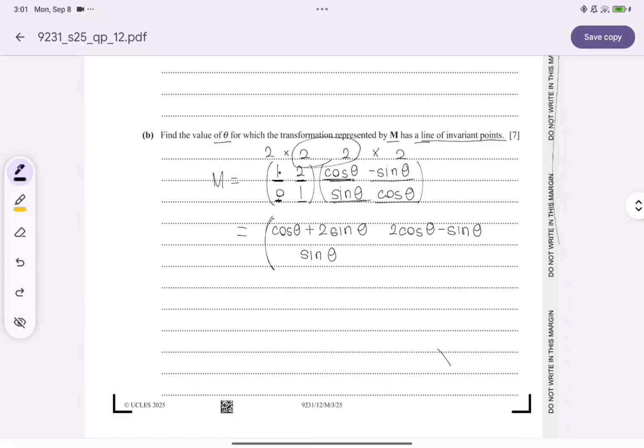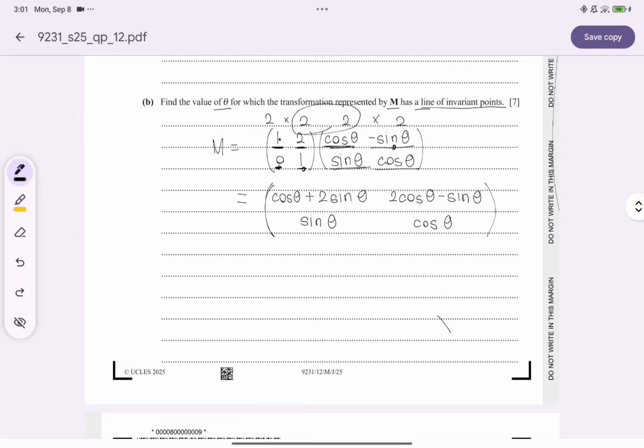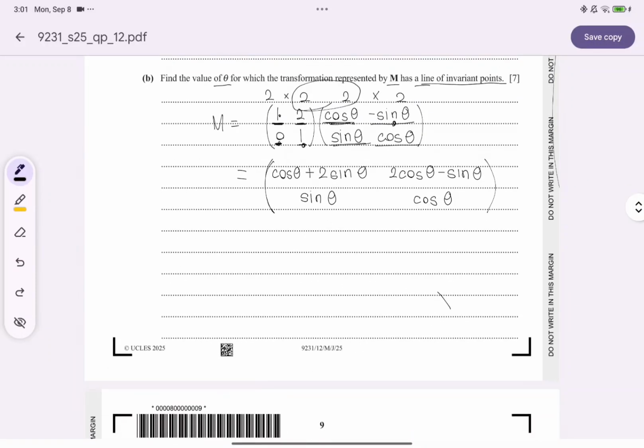And for the last term, we multiply 0 times negative sine plus 1 times cosine, which just gives us cosine theta. So this is our matrix M. Now let's write it with our invariant points. We'll just let the line be x, y.